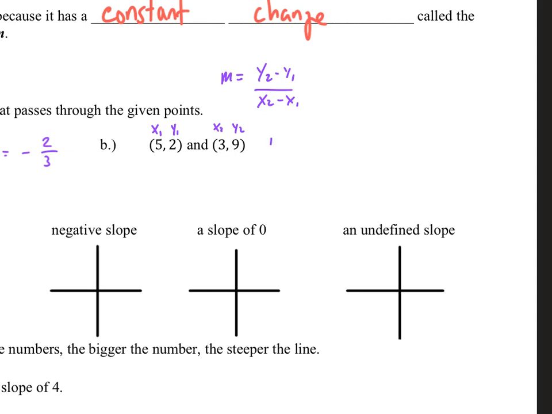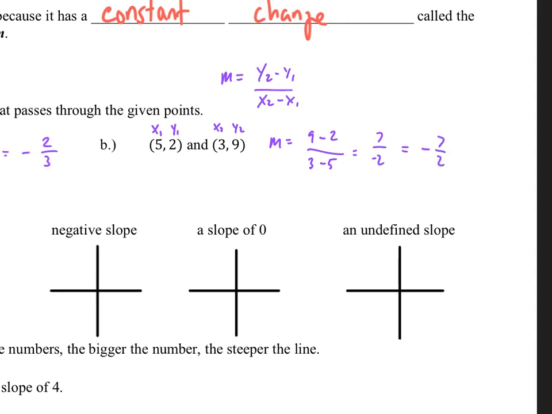So using the formula, we would say y2 is 9, minus y1, which is 2, and then x2 is 3 minus x1, which is 5. So I get 7 over negative 2. Again, nothing wrong with it that way.